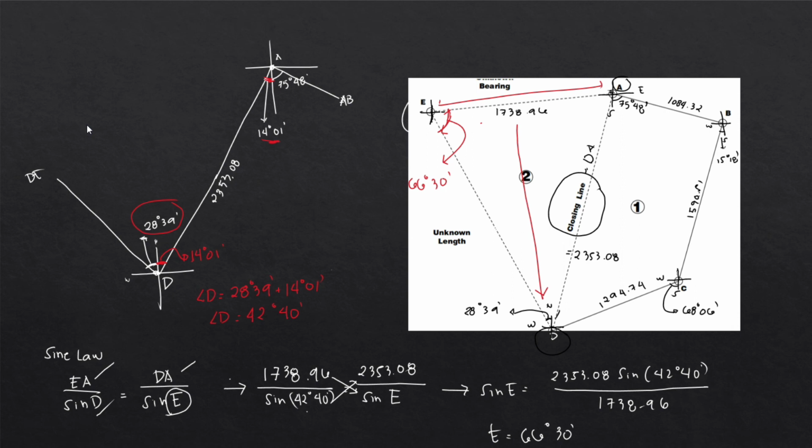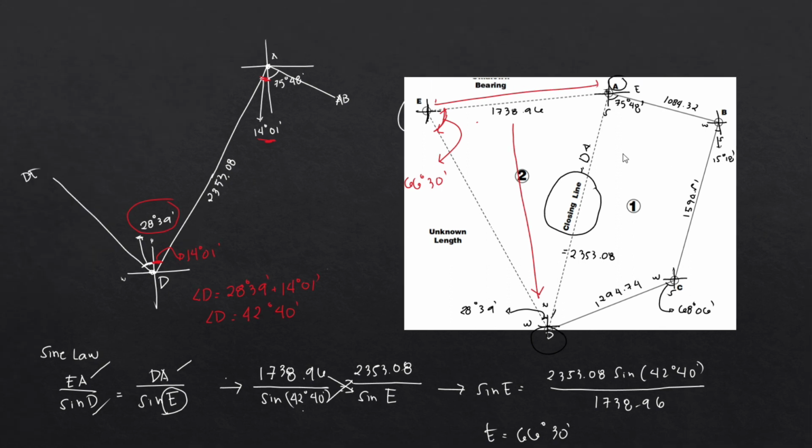Then, pwede na nating makuha ngayon yung bearing ng EA. Okay, so meron na tayong dalawang angle na nakuha. Angle E and angle D. So, makukuha na natin tong angle A. Ayan. So para makuha tong angle A na yan, di ba yung sa summation ng angles ng triangle is 180 degree.